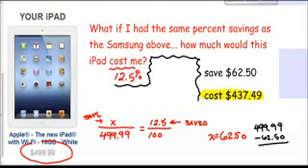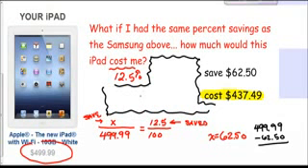If instead of determining how much I save, I instead go directly at how much I pay, I can get this answer immediately. So this is what I mean. Our original price still $499.99, and our original percent still 100%. But now I want to look at the percent that I pay.